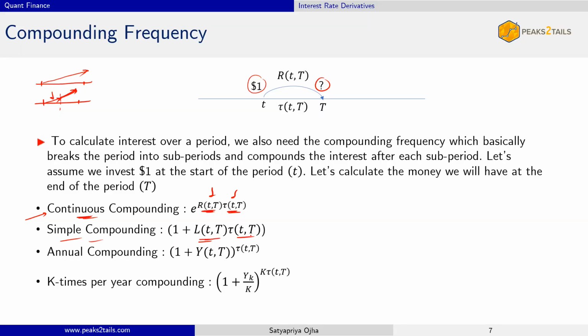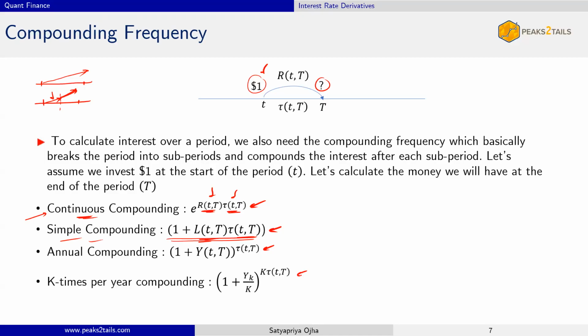If you want to calculate just the interest amount, it will be this amount minus 1, because 1 is your initial investment. This is the final value of the wealth at the end of the period, so if you subtract the initial amount, it gives you the interest that you earned.